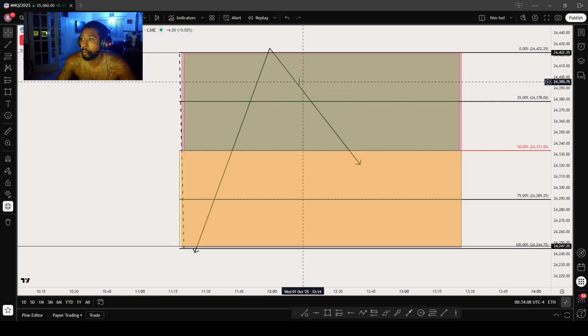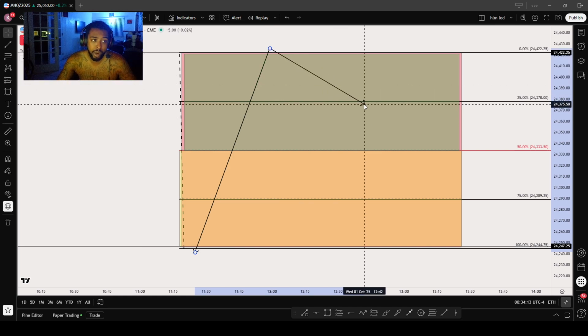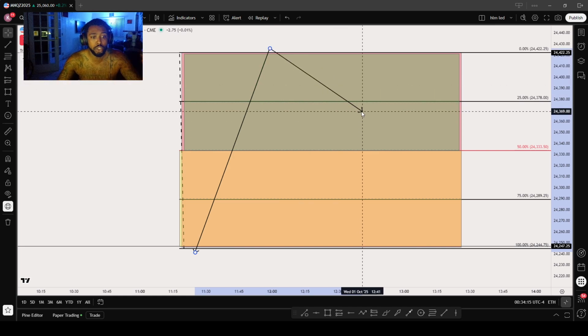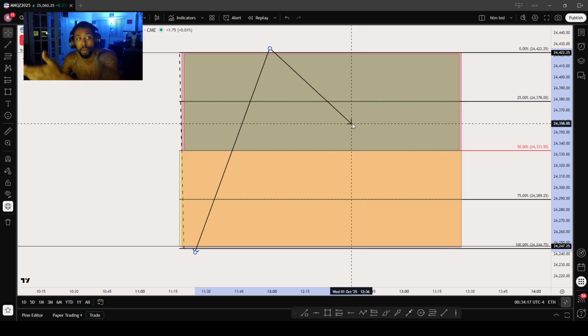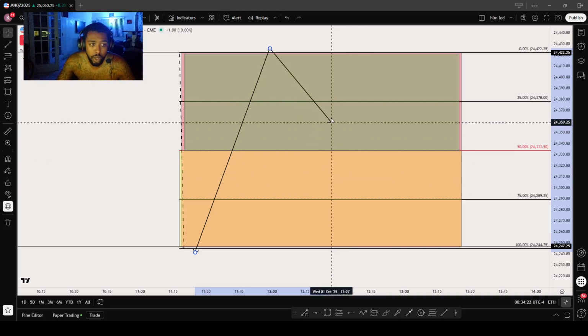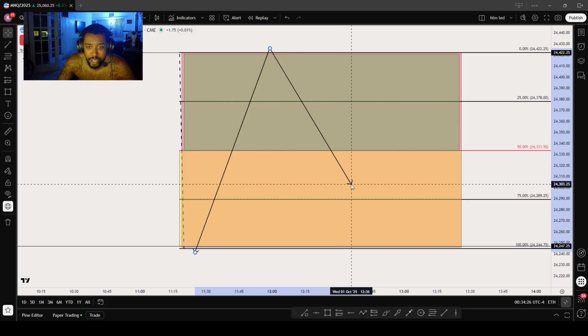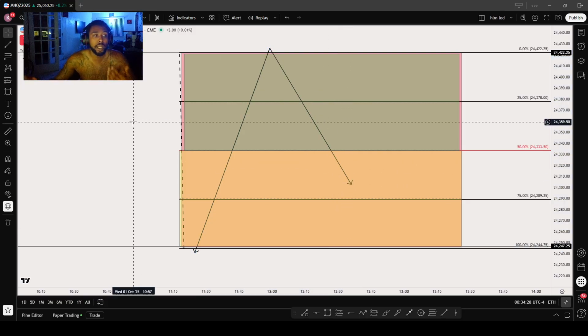If you're above the 50, you're in a premium. Your best short position is going to come when you're in a premium. But when you want a long, the best long positions are when you're buying at a discount. So that's how we look at the market.